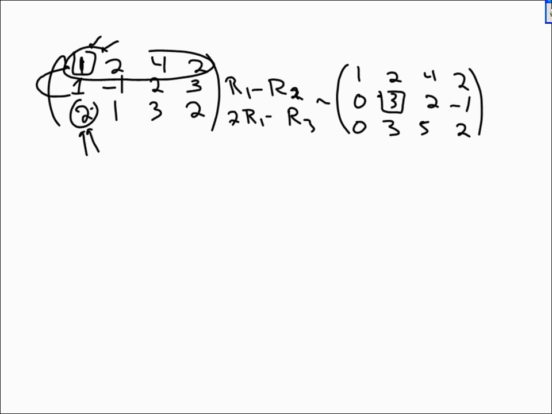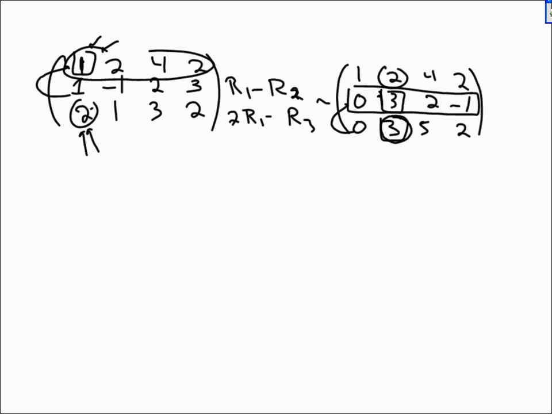The first non-zero entry is 3. In theory, I can switch these two, but that's also with 3. Gotta live with this 3. I want to get this to be a 0, and I want to get that to be a 0. And I'm going to use this row. Usually, you should use the row that has the leading entry that you're working with.